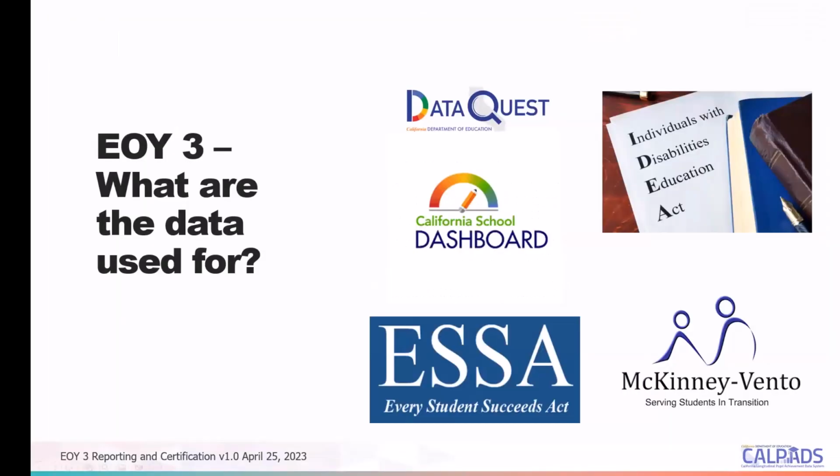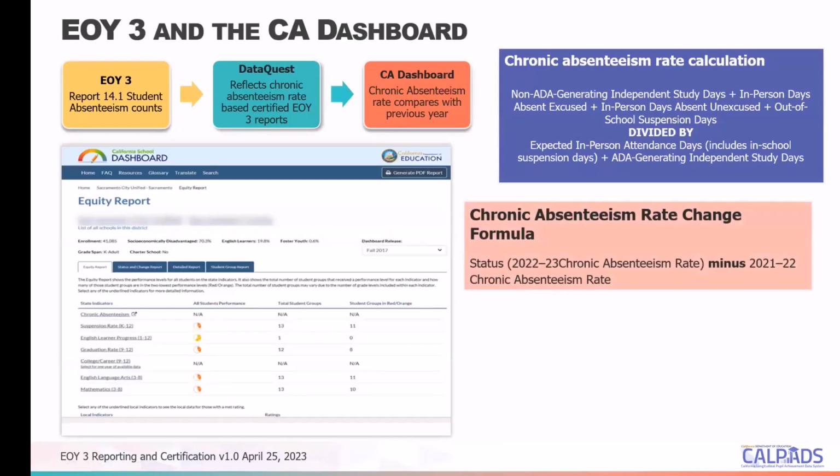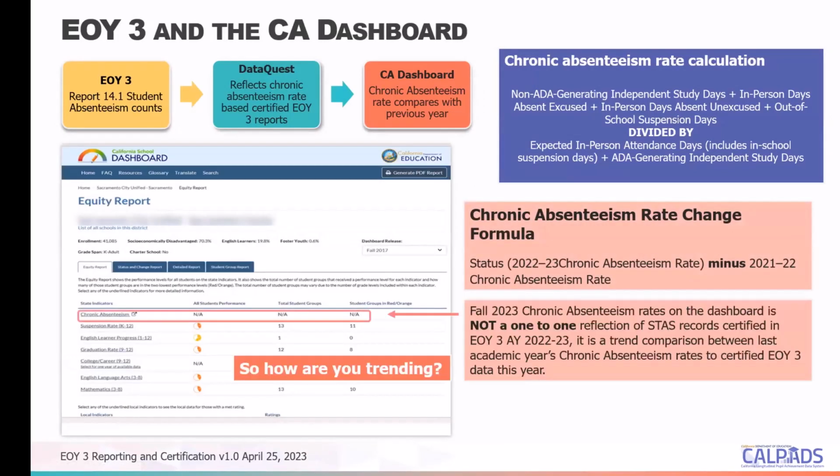So just a reminder what the data is used for: ESSA, Every Student Succeeds Act, McKinney-Vento, right? Identify homeless students and make sure they have an equitable education, the Individuals with Disabilities Education Act, public-facing websites and documents in the dashboard and DataQuest reports. It's used to determine your chronic absenteeism rate.